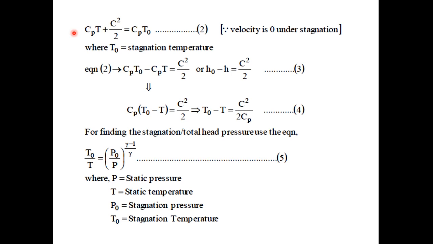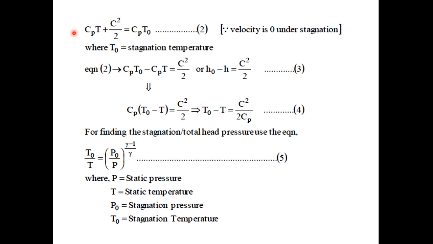That is, the moving air has to be brought to rest, that is stationary, in order to get the stagnation properties. So the definition itself says that the velocity at stagnation point should be 0. That is, C0 = 0 now. The velocity is 0 under stagnation condition.